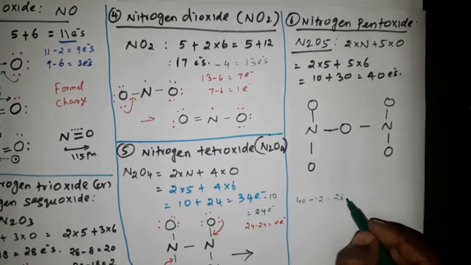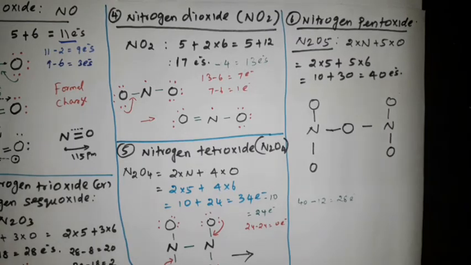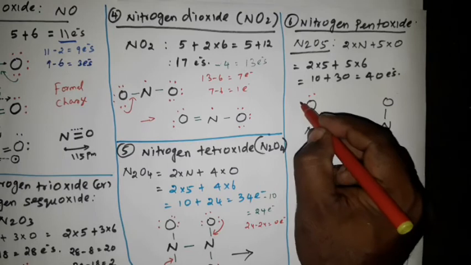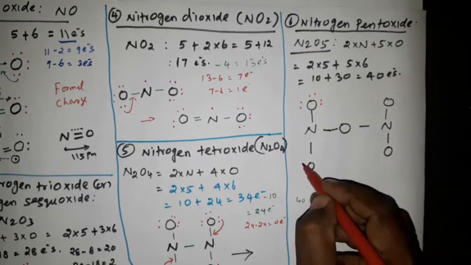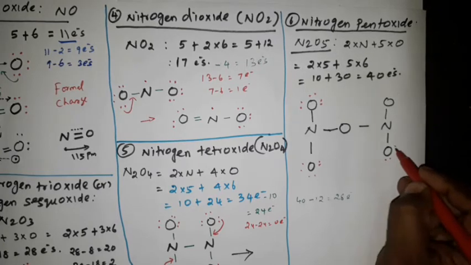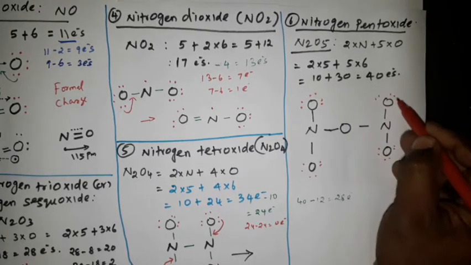Now these 28 electrons have to be distributed equally for all the atoms to get octet structure. Then oxygen 2, 4, 6. This oxygen 2, 4, 6. Here 2, 4, 6. Then here 2, 4, 6.